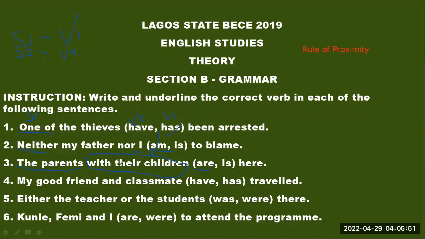So if you remove this, then whatever form of the verb that should go with this is what you should choose. For example, if you remove this, then what you have is the parents are here. By the way, they are with their children. So this is the interpretation. So the parents with their children are here.